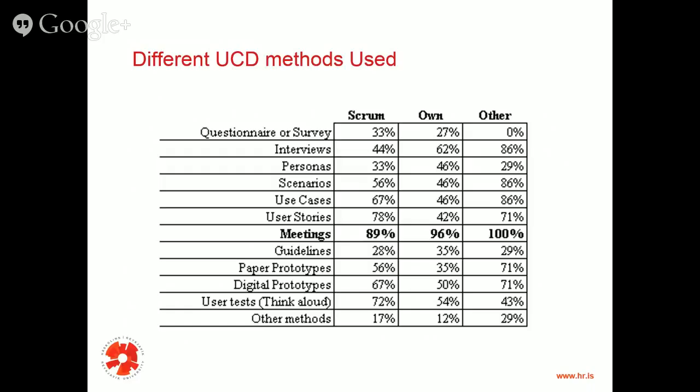And what almost all of them did was have meetings with users. And many of them did prototypes. About half of those using Scrum did use prototypes, these really lo-fi prototypes like you're doing.